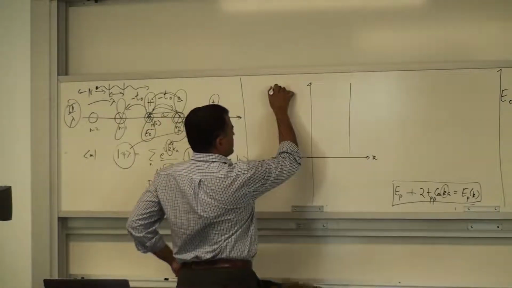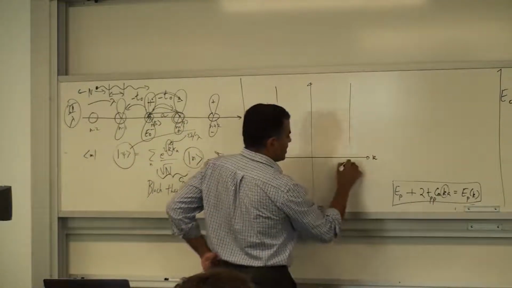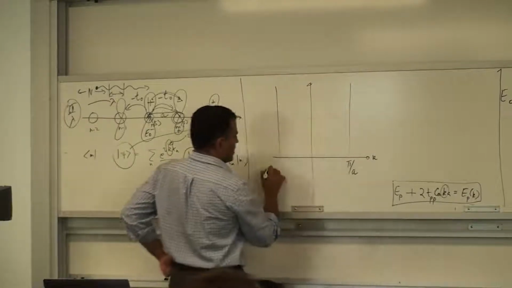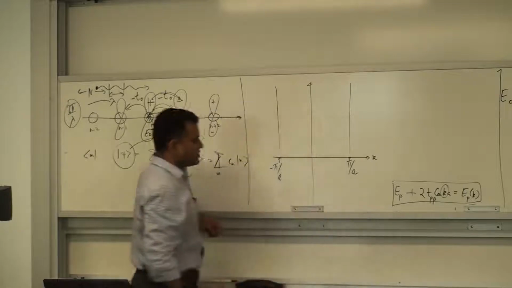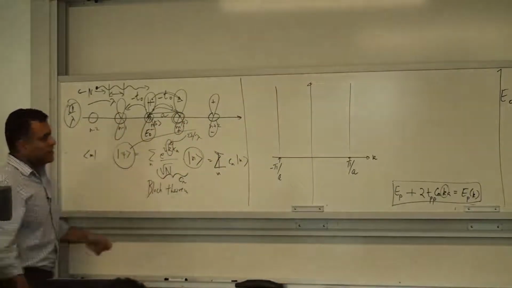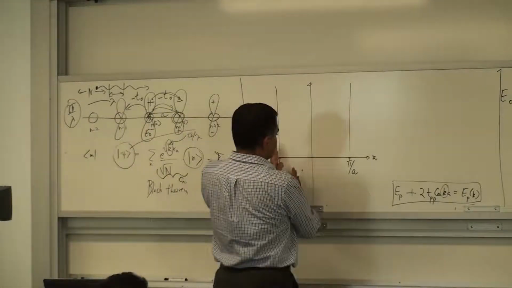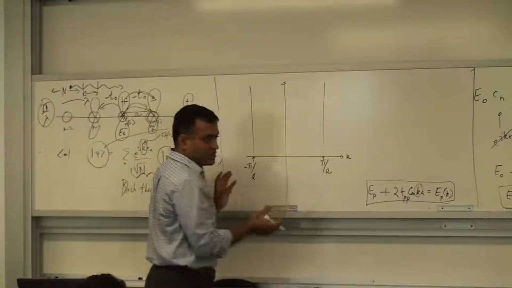Essentially, this function is periodic between pi over a and minus pi over a. These we call the Brillouin zone edges. This region from minus pi by a to plus pi by a is called the Brillouin zone, or the first Brillouin zone.